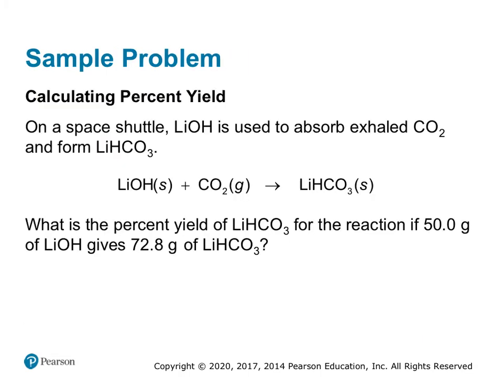So here's the reaction: lithium hydroxide and carbon dioxide producing lithium hydrogen carbonate, or lithium bicarbonate. So the question says, what is the percent yield of lithium bicarbonate for the reaction if 50 grams of lithium hydroxide gives us 72.8 grams of lithium bicarbonate?